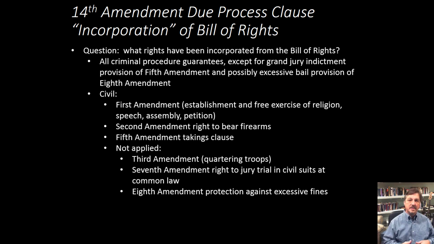And we saw on the civil side all of the First Amendment guarantees, the Second Amendment right to bear arms, which we have talked about and I'll just review in a moment, the Fifth Amendment takings clause, and then a few things we have seen have not been incorporated.